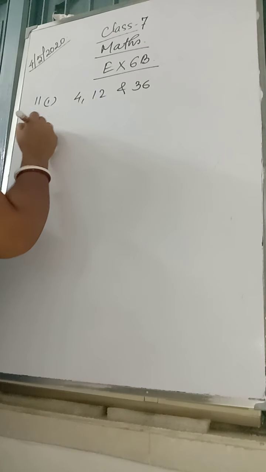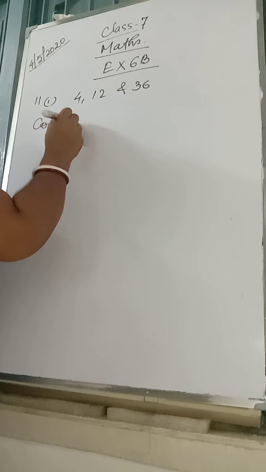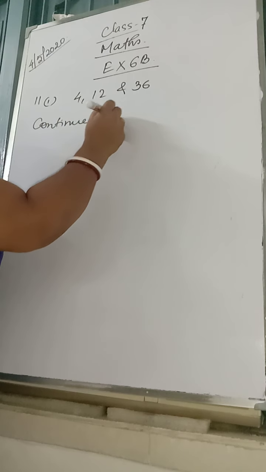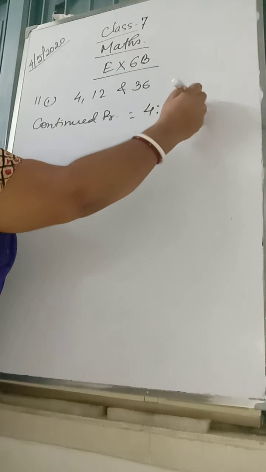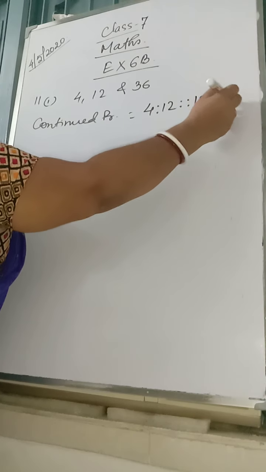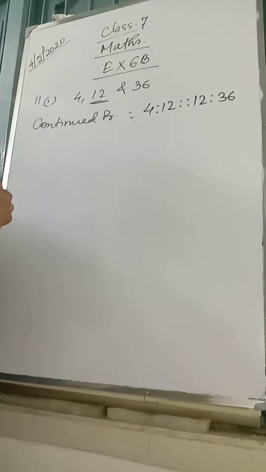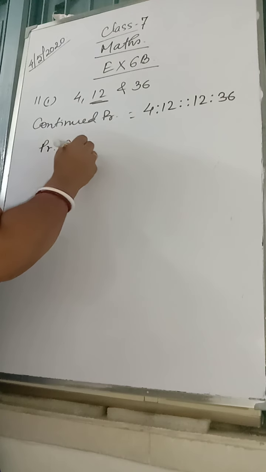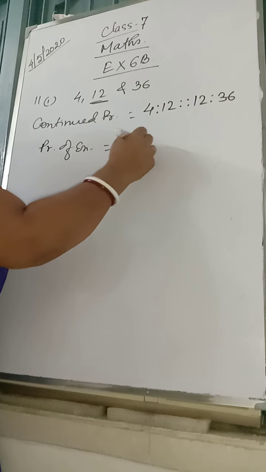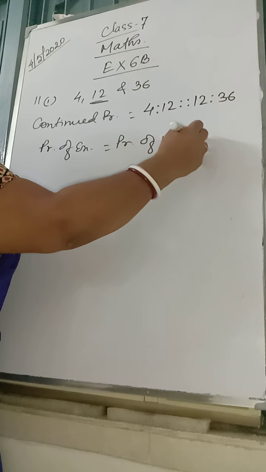Is it continued proportion? 4 is to 12 is in proportion with 12 is to 36. But this 12 is written as a mean proportion. Now what do we know? We know product of extremes is equal to product of means. Do we know this?